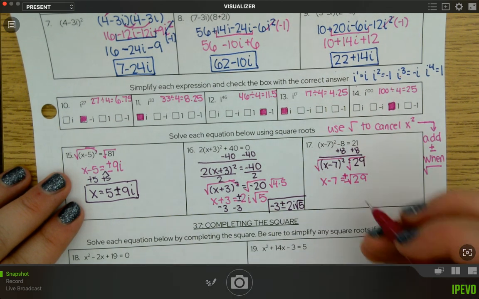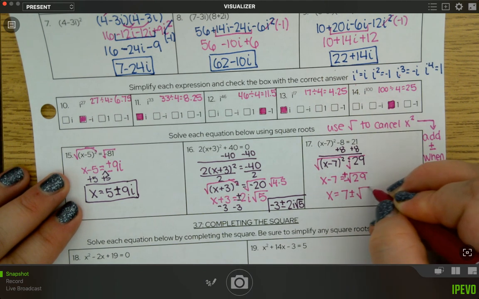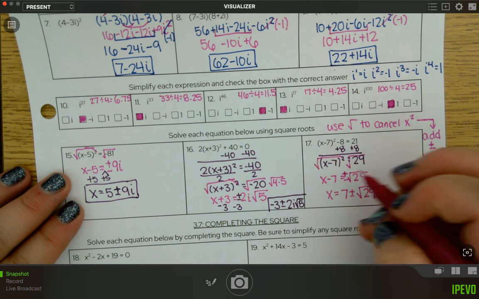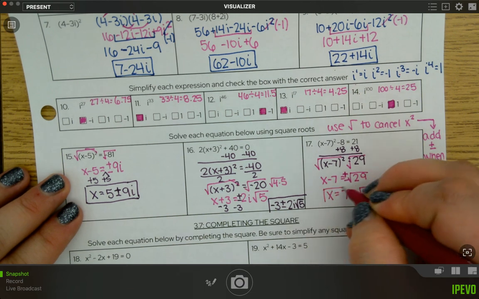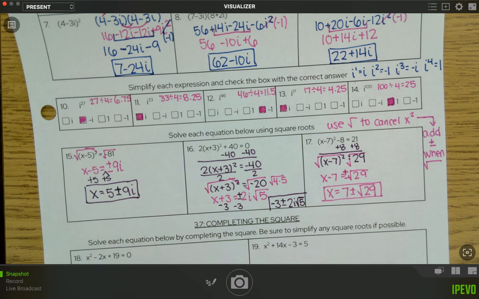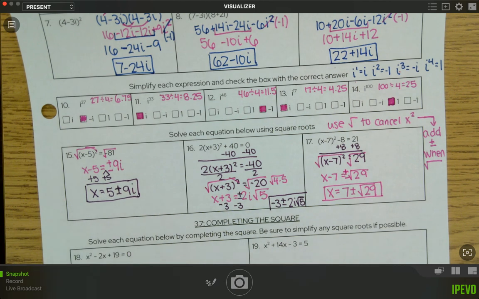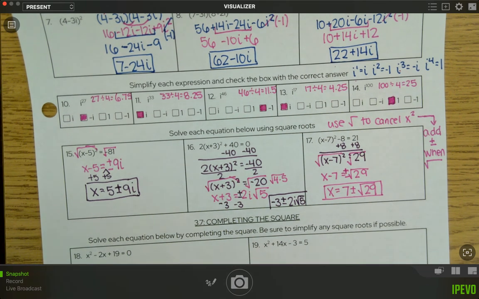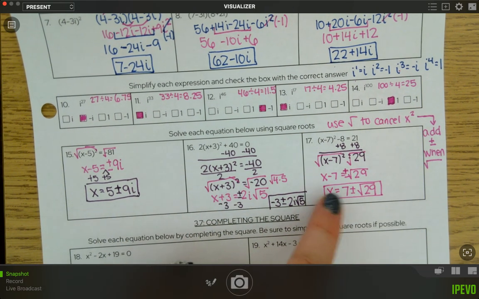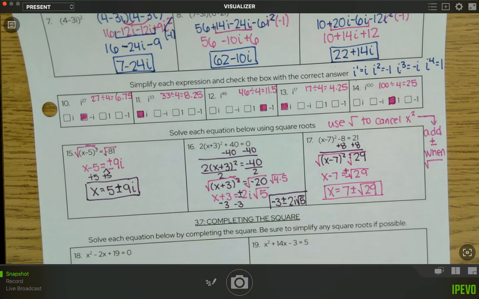And then I'm going to add that 7 to the other side. And look, that one didn't have a negative, so guess what? It doesn't have an i with it. These two had an i because we had to take the square root of a negative. That's the difference between regular answers and imaginary or complex answers, is they have an i.